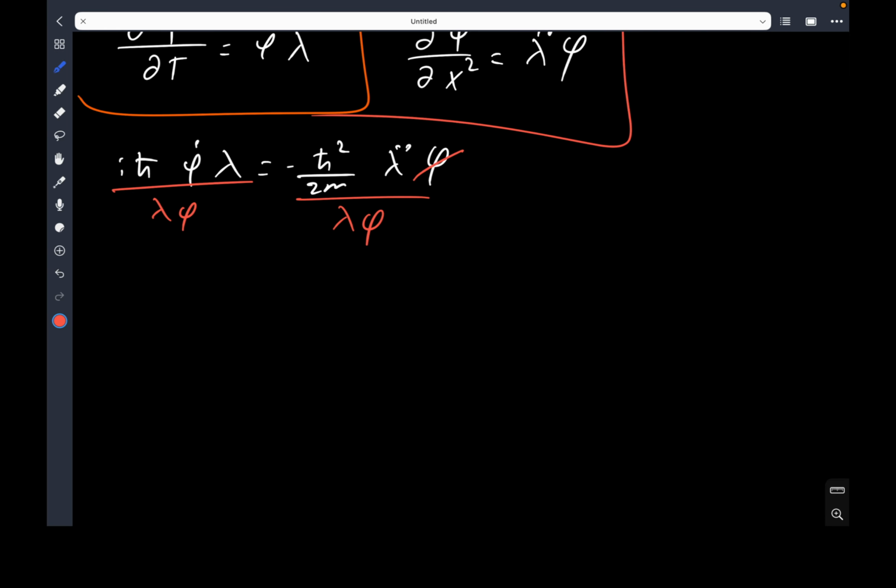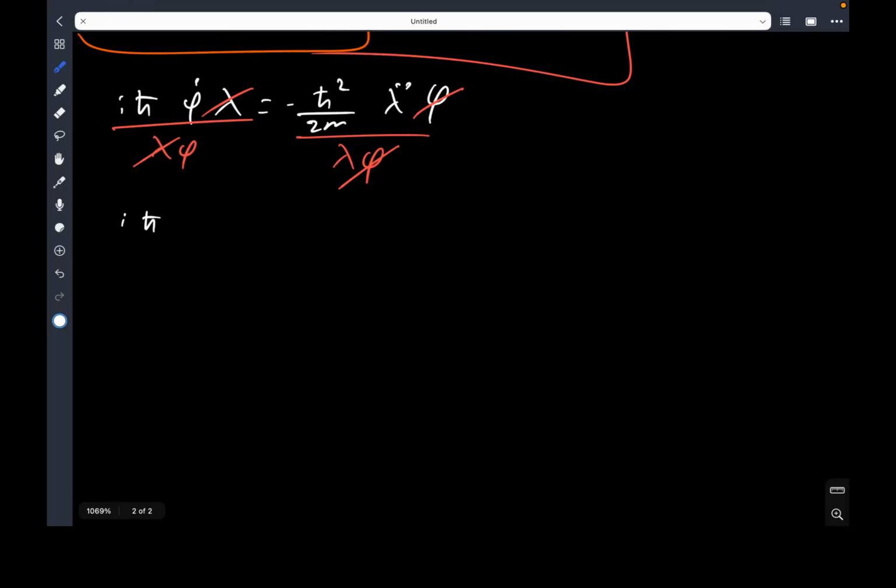So this is gonna cancel out, this is gonna cancel out, and my equation becomes i h bar phi dot over phi is equal to negative h bar squared over 2m lambda double dot over lambda.